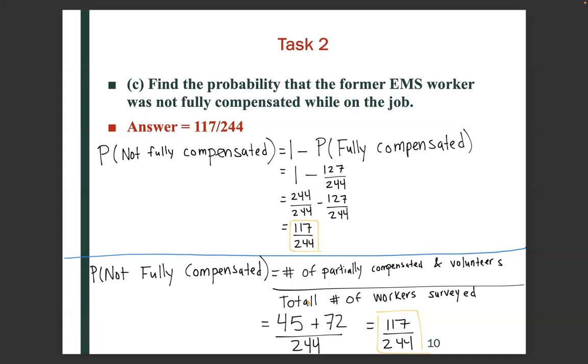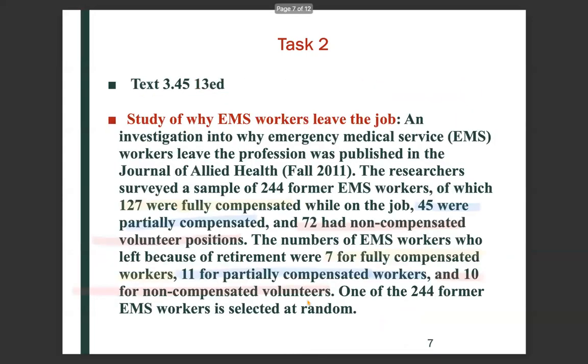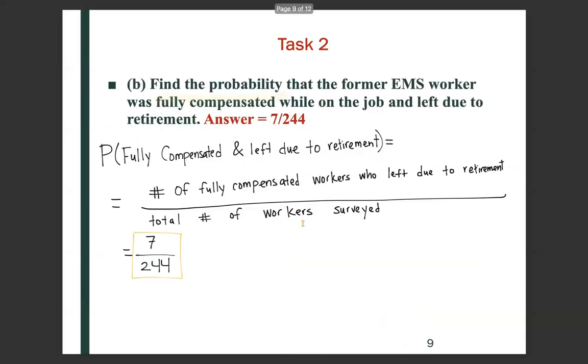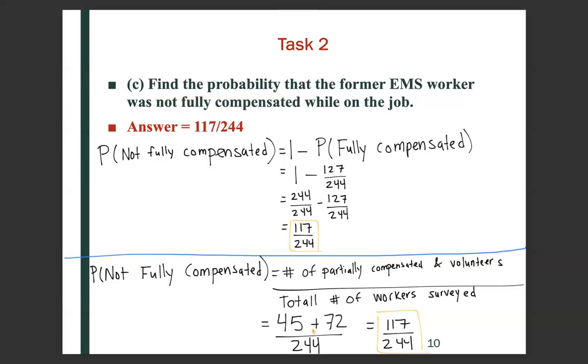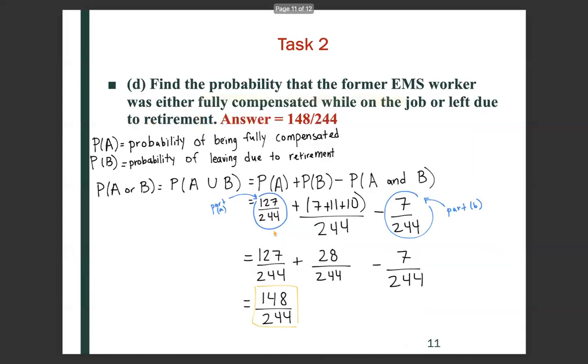The number of partially compensated was 45, and 72 was the number of volunteer positions. So we'll do 45 plus 72, which gives 117, over the total of workers surveyed, which is 244. So either method you use, you should get the same answer, which is 117 over 244.